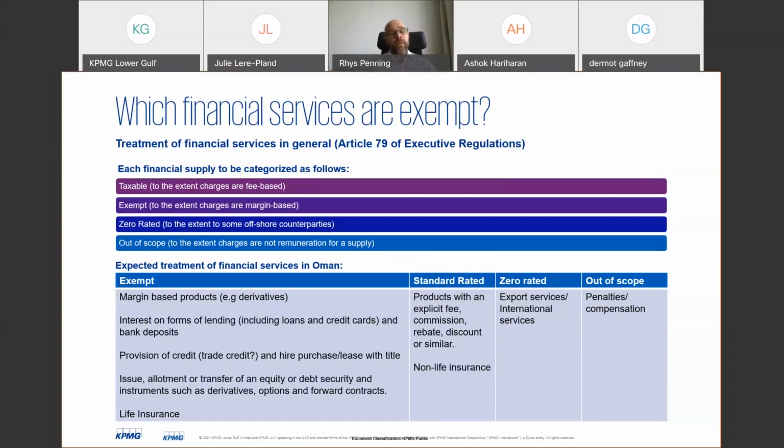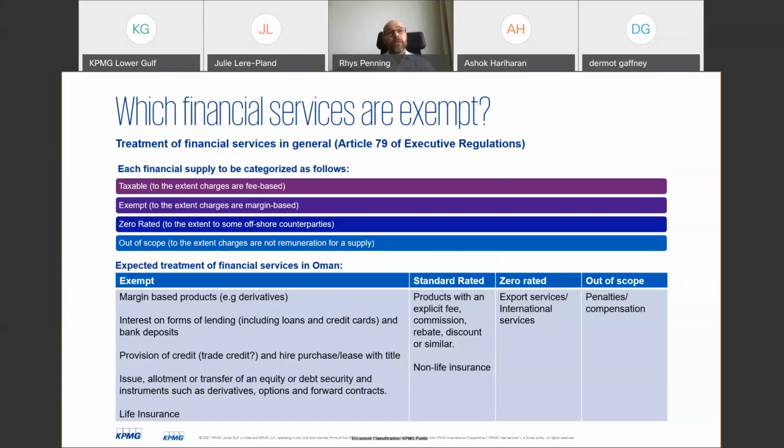Bank deposits, whether that be current, savings or deposit. The supply, transfer or issue of financial instruments such as derivatives and forwards. The supply, transfer and issue of debt and equity securities. For instance, debt securities such as a bond, an equity security like a share. So dealings in debt and equity will be exempt.